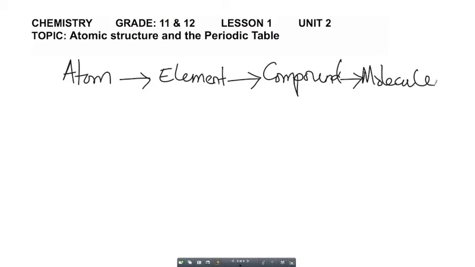So basically it means if, for example, you consider an element in group 1, just for simplicity sake, if I have sodium, Na, plus an element, say, in group 7, say chlorine. So sodium plus chlorine will give us sodium chloride.